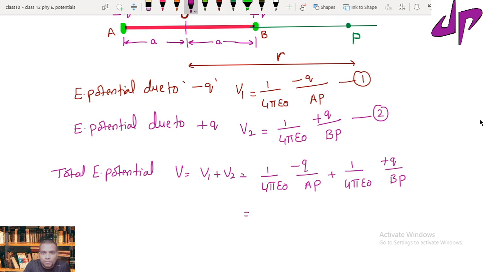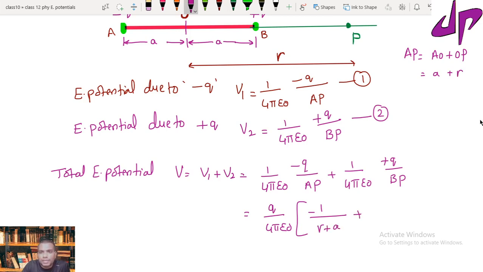Now let us write the distances in terms of the AP length and the BP length. Before that, q over 4 pi epsilon naught is the common factor, so you can take it out. Here, minus 1 upon the A to P length. AP is nothing but AO plus OP. Here the AO value equals a and the OP value equals r, so I get r plus a.